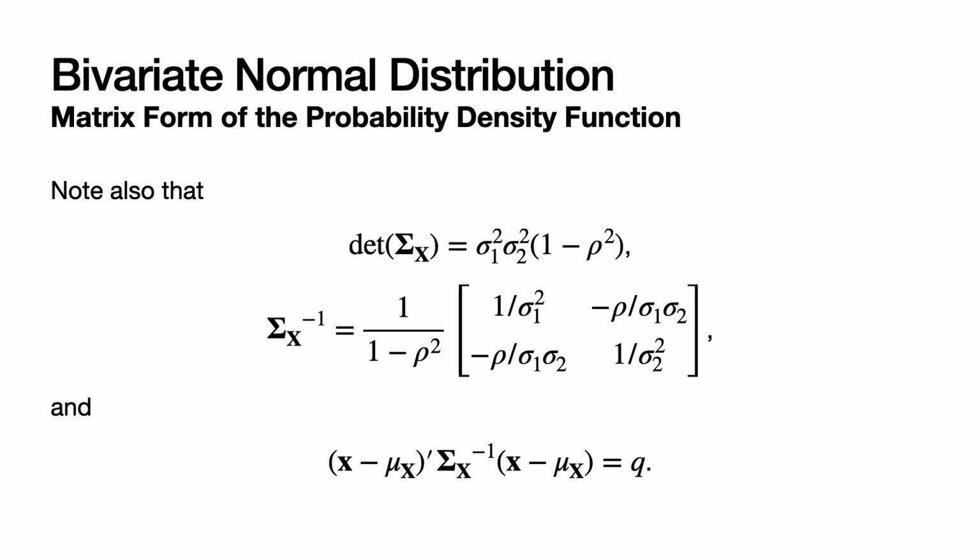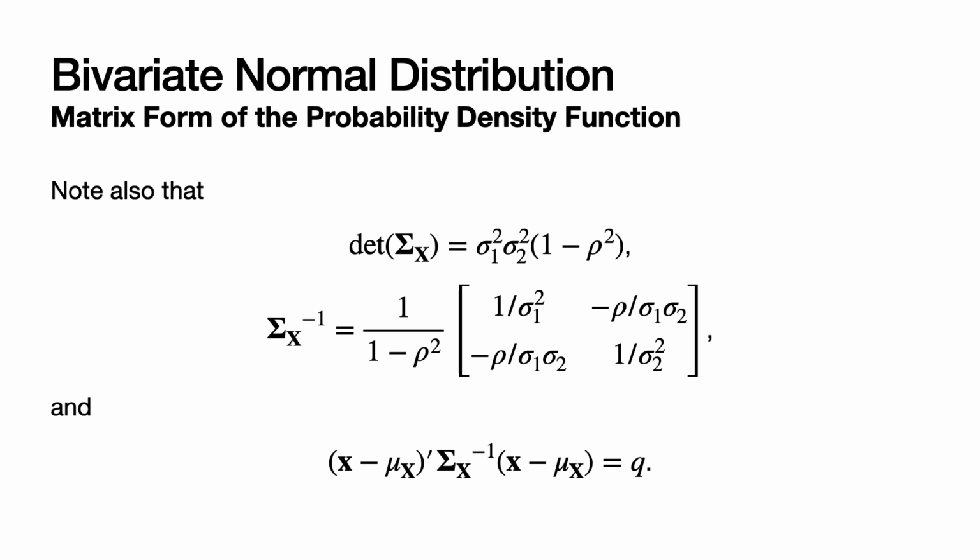And so with that, we can write the inverse of this 2x2 matrix as 1 over 1 minus rho squared times the 2x2 matrix with entries 1 over sigma 1 squared in the 1,1 entry, 1 over sigma 2 squared in the 2,2 entry, and then in the entries in row 1, column 2, and also row 2, column 1, we have the quantity negative rho over sigma 1 times sigma 2. So that is the inverse of the covariance matrix, cap sig sub cap x.